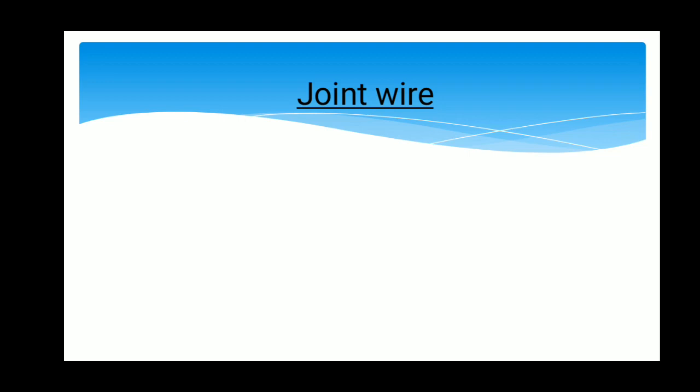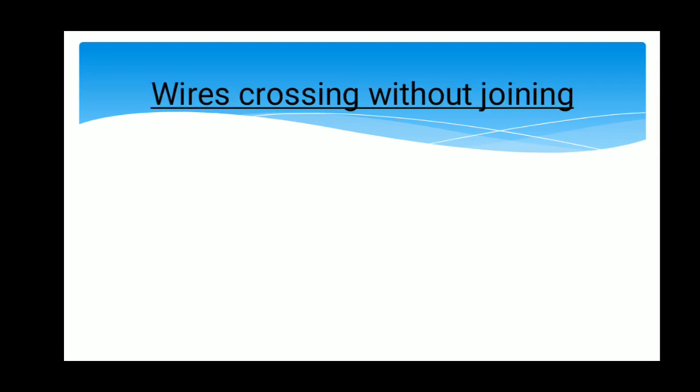Joint wire. When two or more wires are joined, it is represented by this symbol. Wire crossing without joining. This is the symbol of wire crossing without joining.